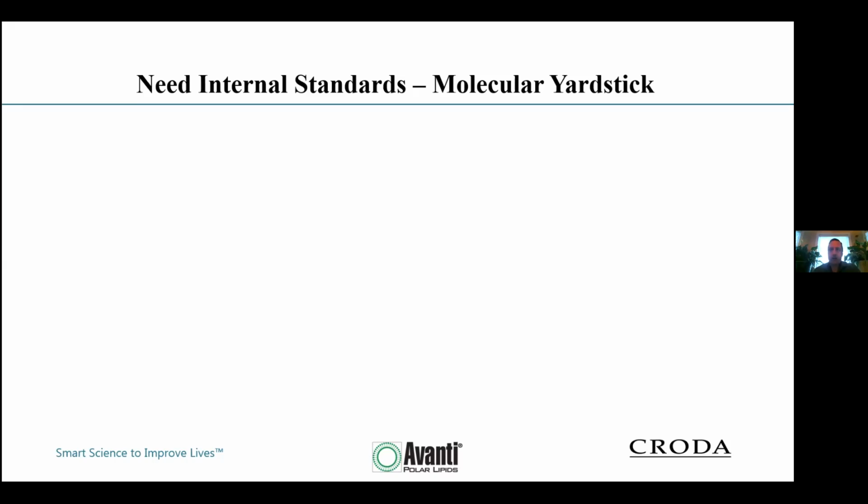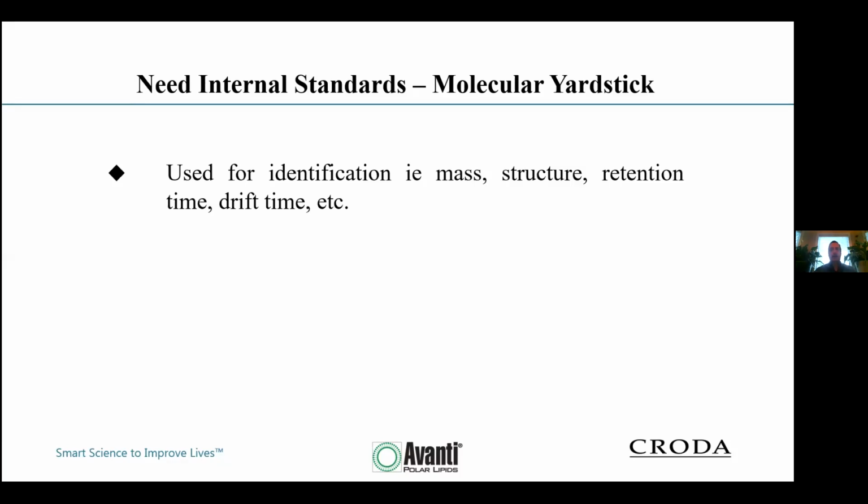And our internal standards are in essence a molecular yardstick that we use to measure how much of the analyte is there. And so we use these internal standards, mass, when we do MS/MS for structure, when we use LC, retention time, and as you also saw earlier in the previous talk, drift time for ion mobility.